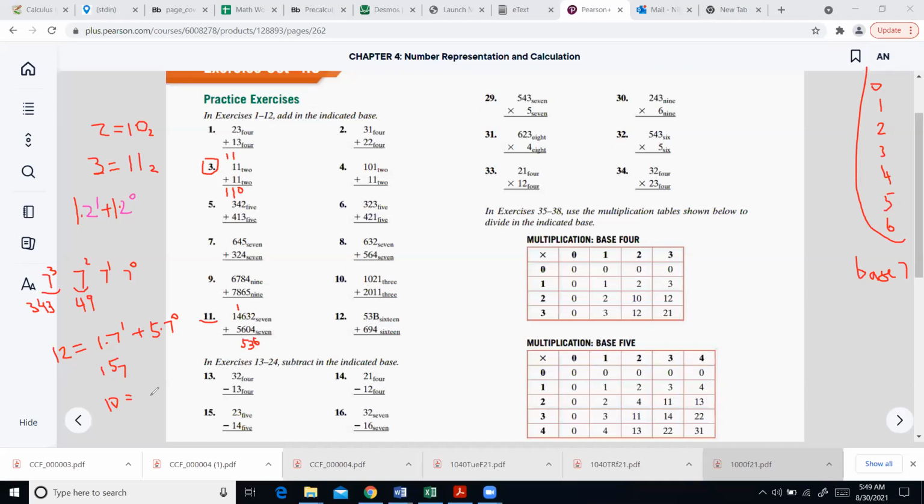I need to use base 7. So once again, I fit 1 first power of 7, and what remains will be 3, so I get the 0 power of 7 here. So we have 1 and 3 in base 7, and I carry that 1 over.